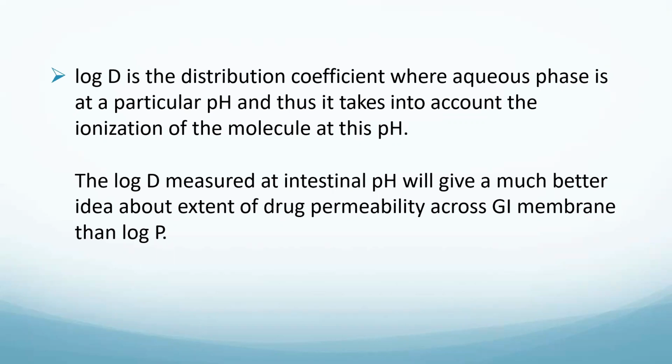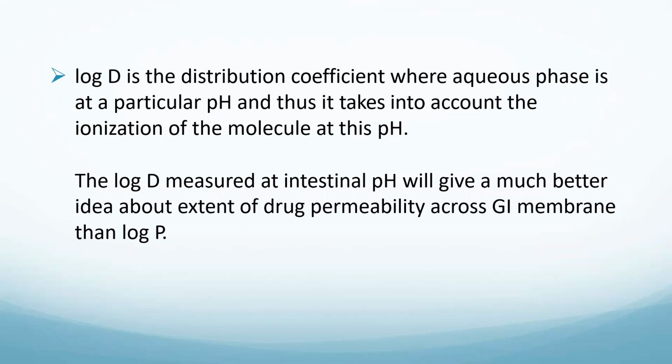It means the drug is distributed equally in both phases. Log P is the measurement of the partition coefficient in the condition where the total compound is in unionized form. Okay, this is about log P.